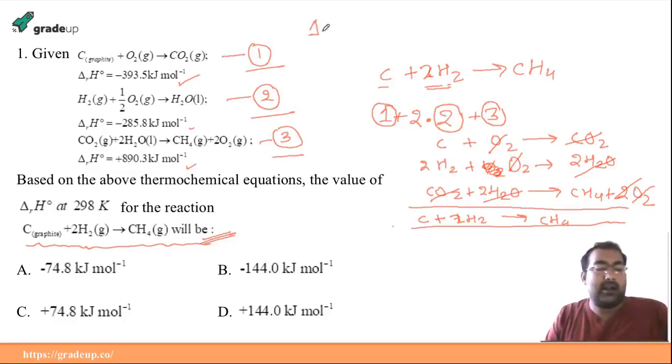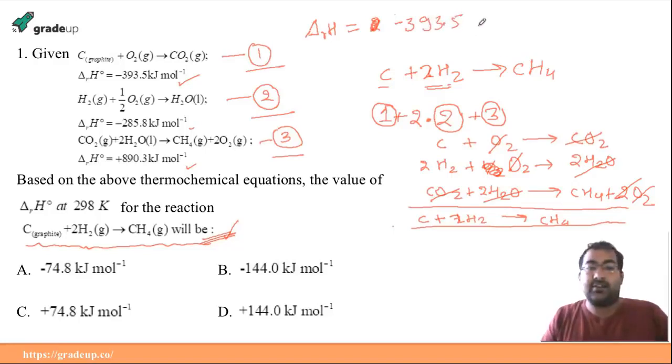So the heat of reaction for the required reaction will be minus 393.5, which is the heat of reaction of the first reaction, plus 2 times the heat of reaction of the second reaction, which is minus 285.8, plus the heat of reaction of the third reaction, which is 890.3.